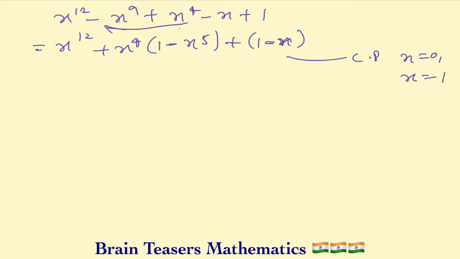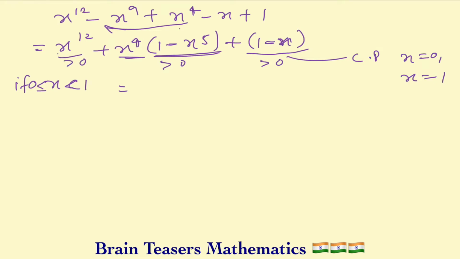So if we assume x is greater than or equal to 0 and less than 1, then here it will be 1 minus x. If x is between 0 and 1, this will be greater than 0, this will be positive and this will also be positive.